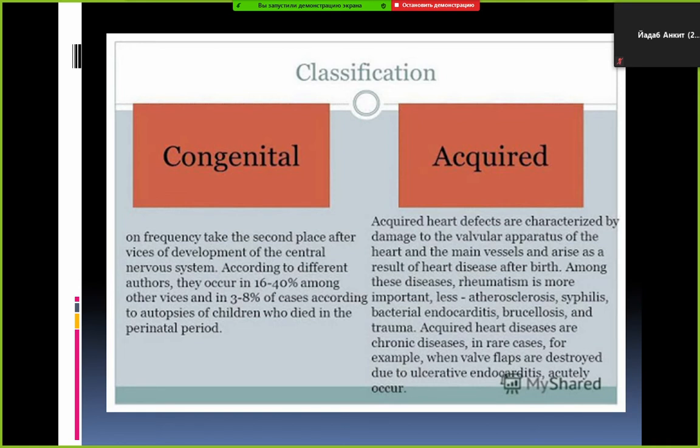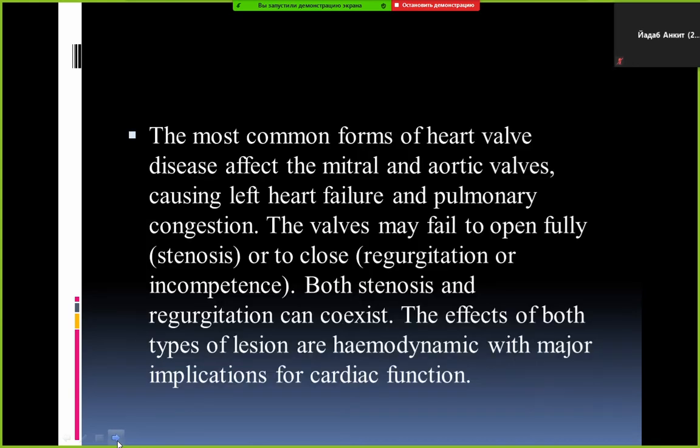Acquired heart diseases are chronic diseases. In rare cases, for example, when valve flaps are destroyed due to ulcerative endocarditis, they may occur acutely. So, the most common forms of heart valve disease affect the mitral and aortic valves, causing left heart failure and pulmonary congestion.